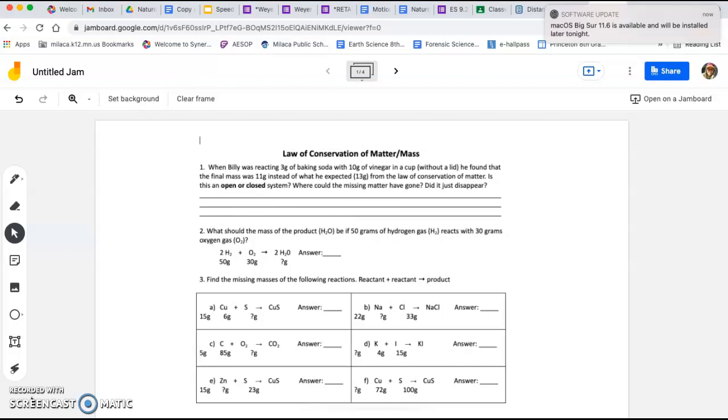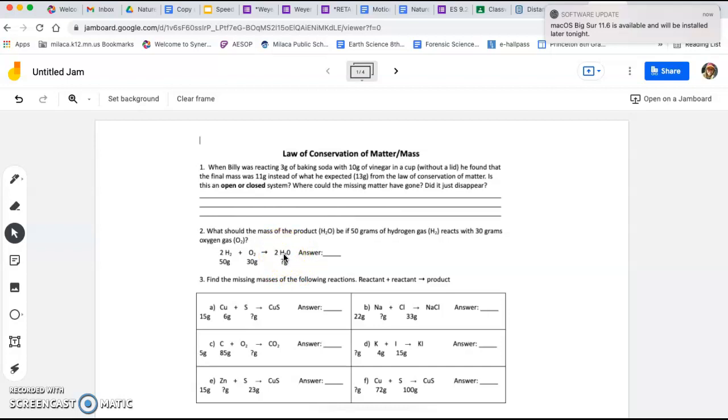Now, when we look at a chemical equation, and you can look down here at number 2, there is a right and a left side. The left side is going to be your reactants, because those are the two things that are going to have a reaction. And then the right side is going to be your products, because that's what's coming out, the product of the reaction.